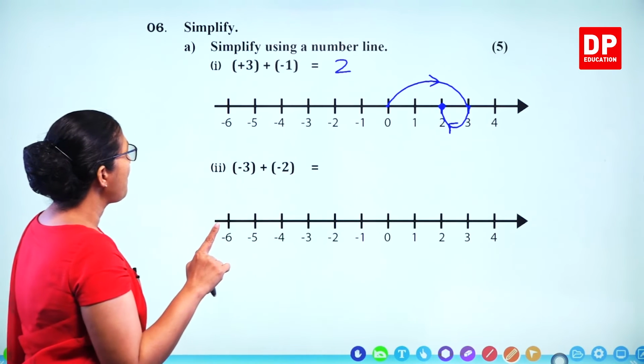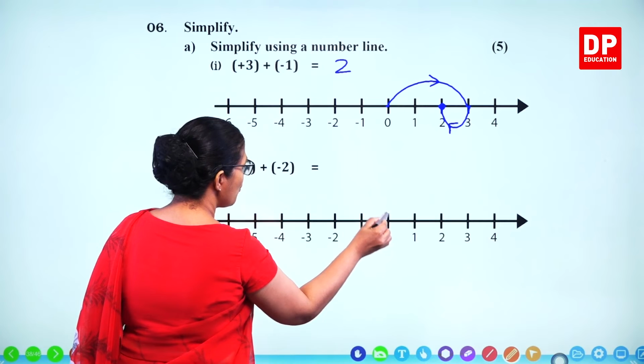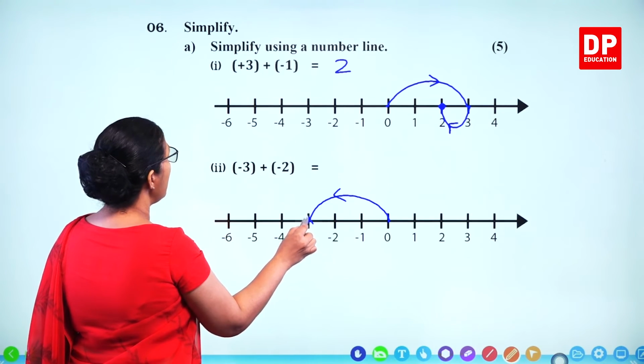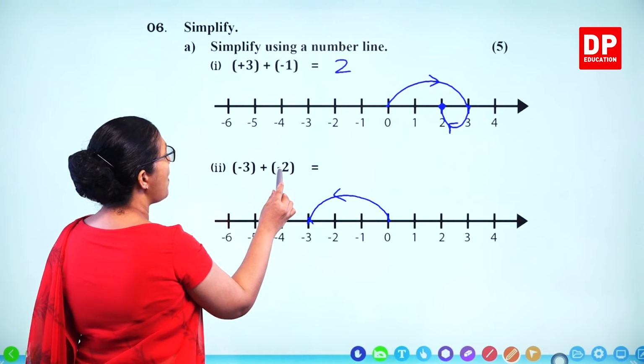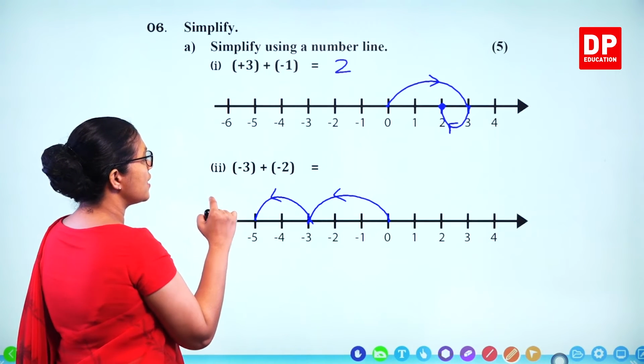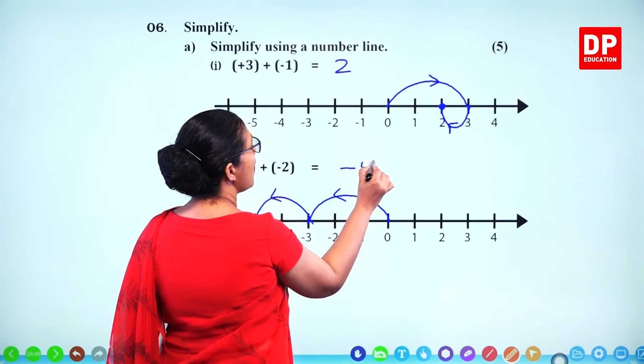Using the number line, this is minus 3, minus 2. Minus 3, so that means 0 to minus 3. So this is the starting point. Then from here to here, then minus 2. Minus 2 means another 2 units to left. So what's the final answer? You get minus 5.